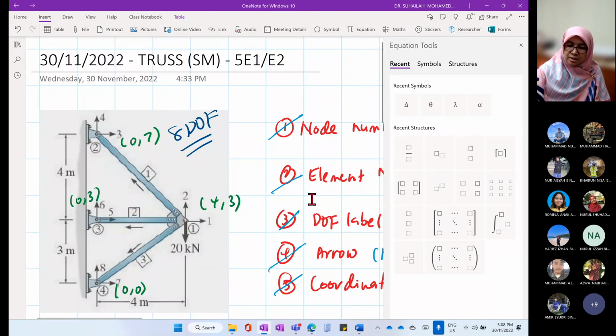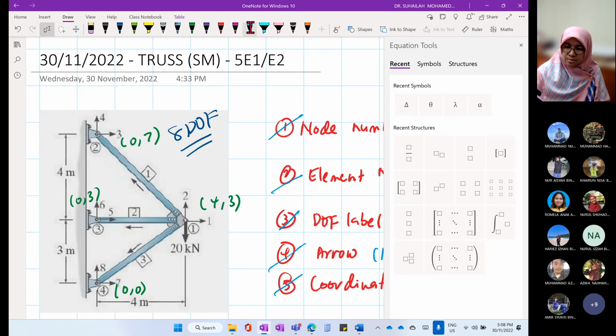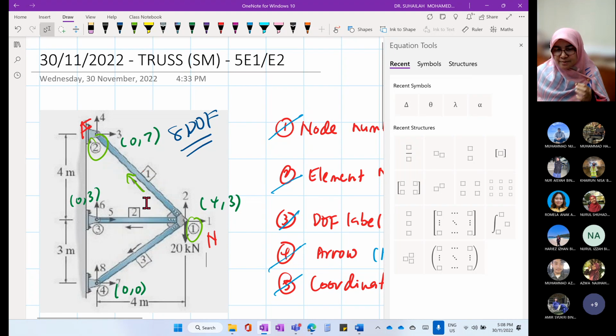From the arrow we know that this one is far and this one is near. So to calculate Cx, look at the x value far minus near, divided by L. That is the formula for Cx.